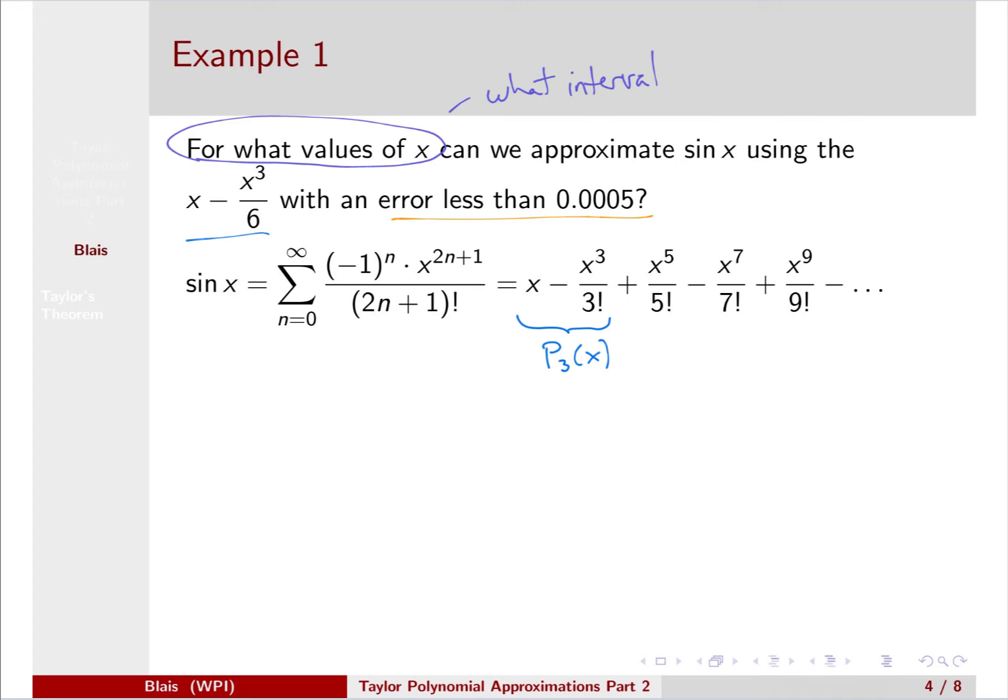Now you can use Taylor's theorem, but we also note that this series is alternating.